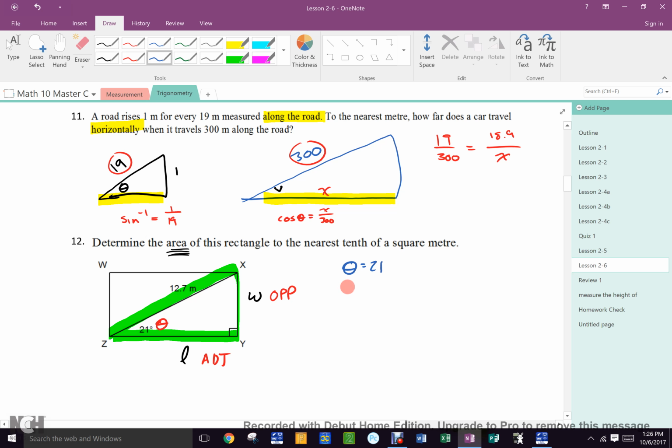What do I know? My hypotenuse is what? 12.7. I need the opposite, which is what letter? W. And I also know I have a theta of 21, a hypotenuse of 12.7, but I also need my adjacent, don't I? And that's L, yes?